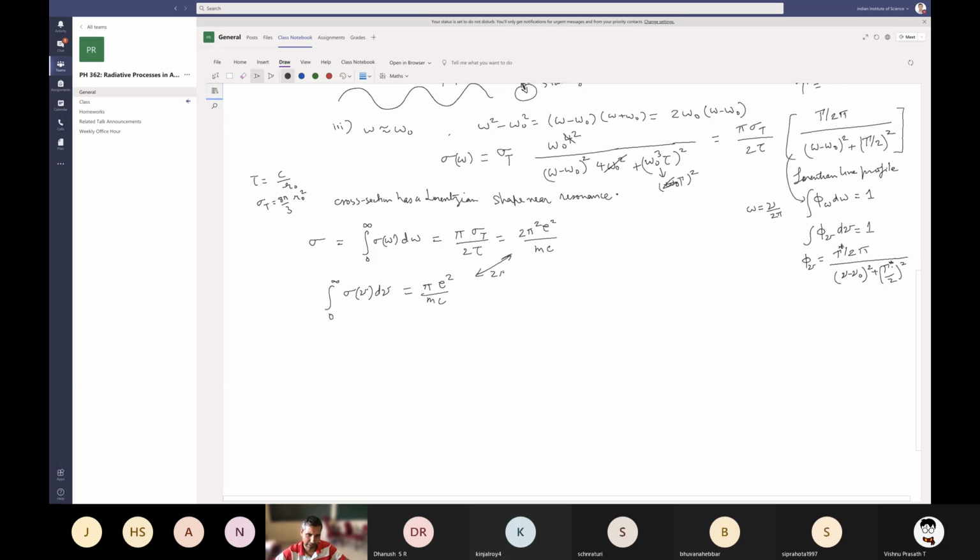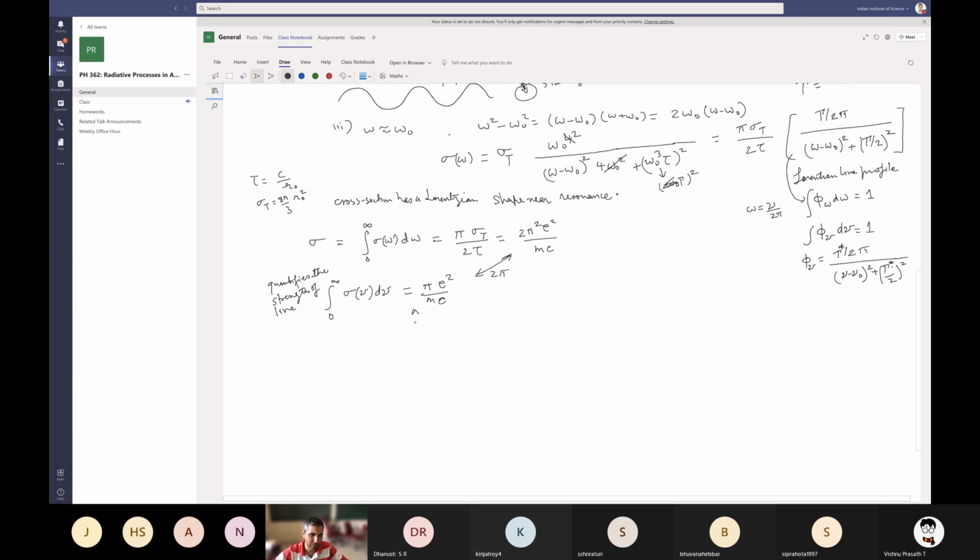This factor, pi e squared by mc, is very common in atomic physics calculations. Basically this quantifies the strength of the line, and the stronger the line, the more the scattering.